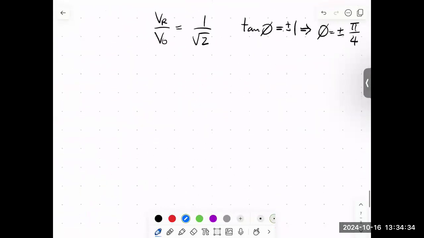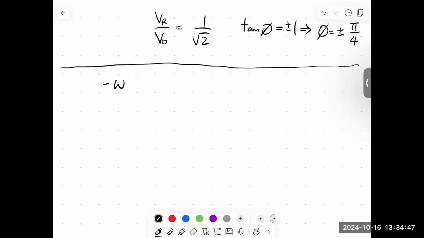So we've done the analysis, we're ready to do the lab. Let's see if we can sharpen our intuition in understanding the behavior of this circuit. So questions could be: why does VR over V naught go as omega RC at low frequency?